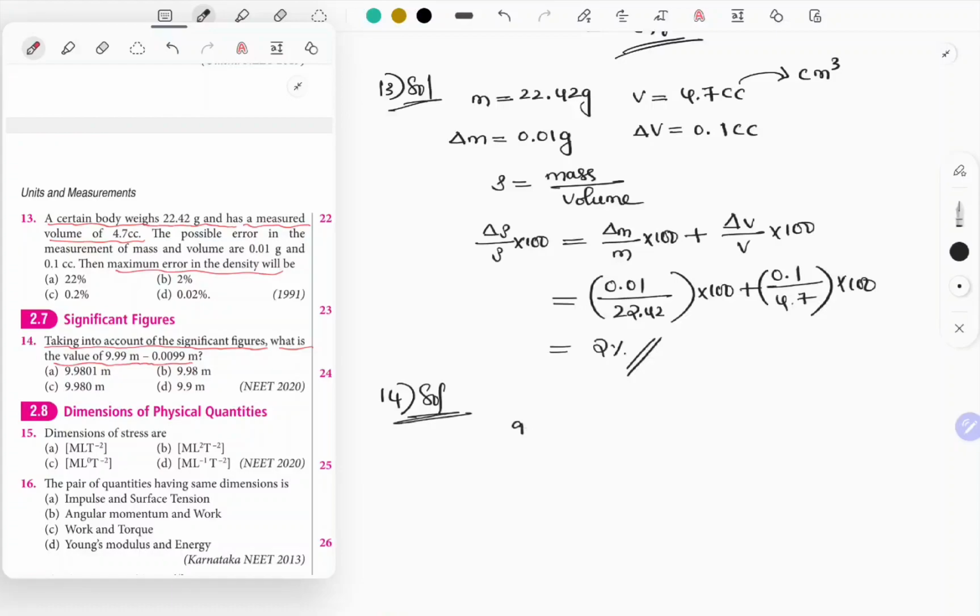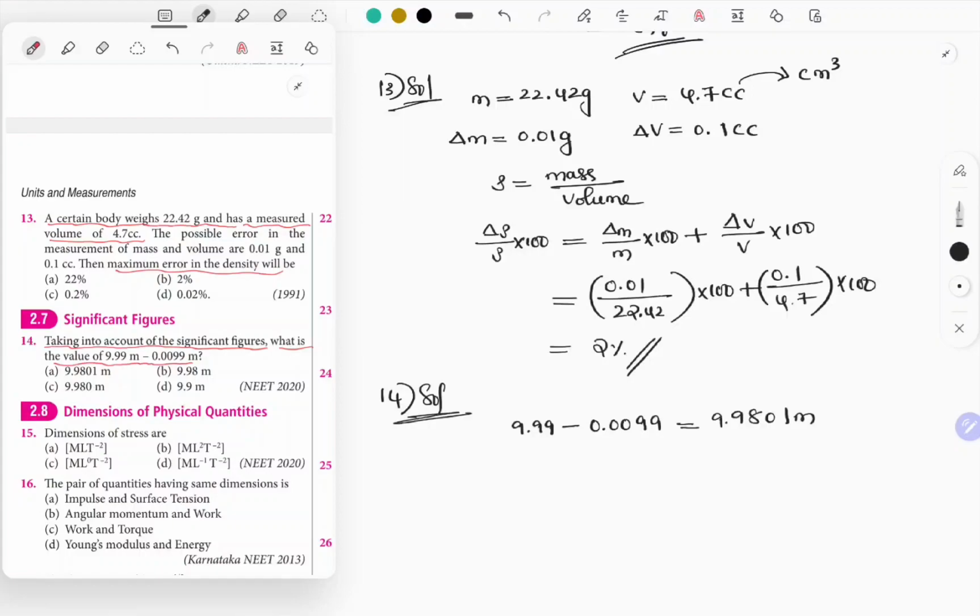If I subtract 9.99 and 0.0099, the result that I am going to get is 9.9801 meter.